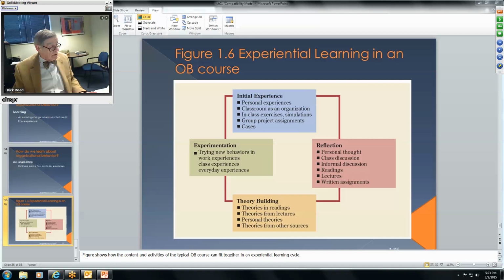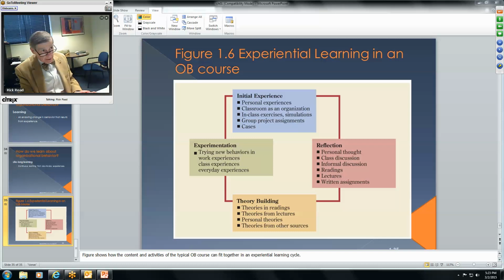So what initial experience or concrete experience here means as far as Kolb is concerned, it's full involvement in what we're experiencing right now. The observation or reflection over here, reflection on and observation of the learner's experiences from many perspectives. That would be you, the student, as the same here.